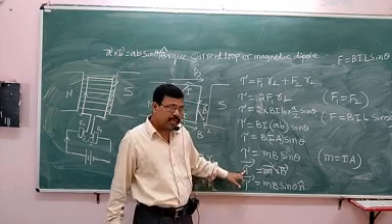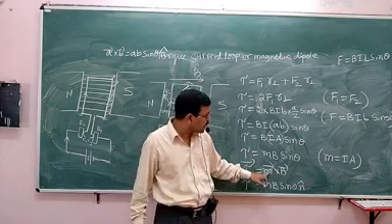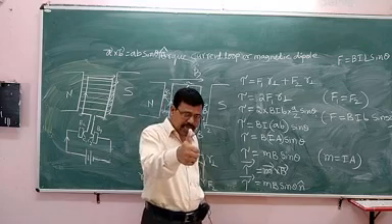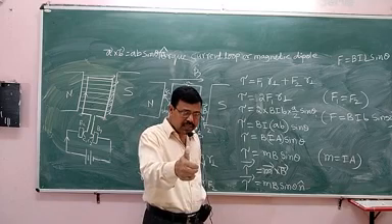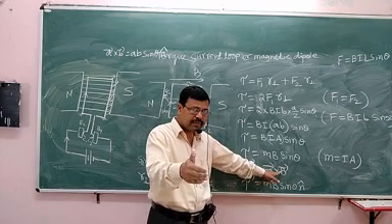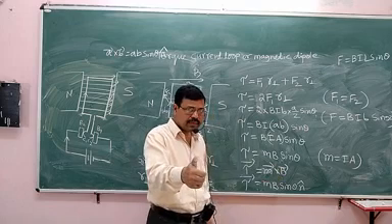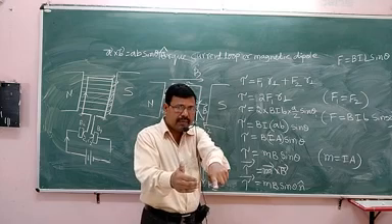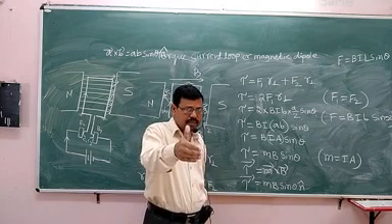So the direction of torque is perpendicular to the plane containing M and B. Suppose this thumb points in the direction of torque, then these curved fingers show the direction of the magnetic moment and magnetic field, M cross B. So the torque is in a direction perpendicular to the plane of M and B.